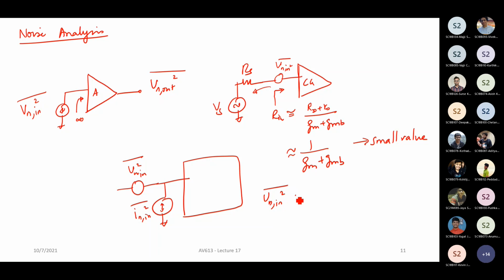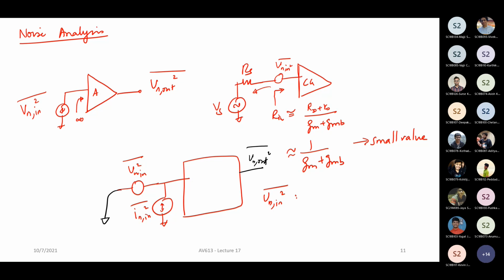For example, if you short circuit the input, the noise current will all flow to the left hand side. That is, it will all get shorted out. And the Vn out squared will be only due to the input referred noise voltage squared.